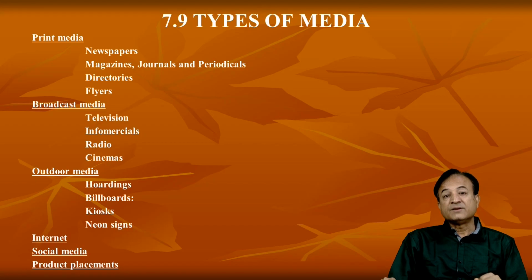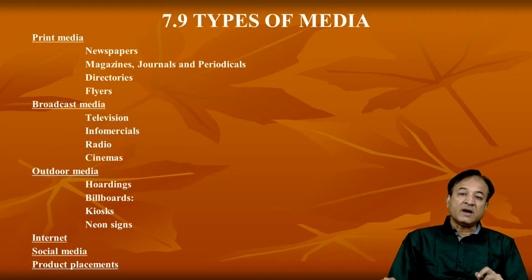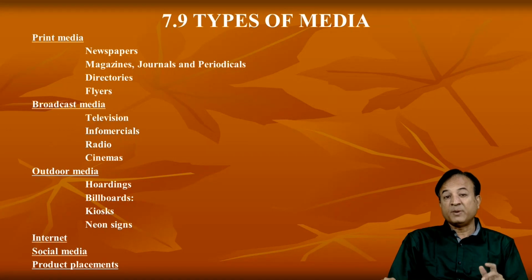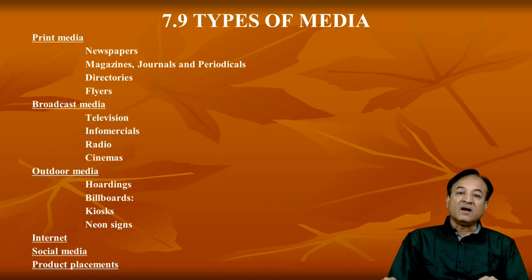Second, magazines, journals, and periodicals. Like newspapers, magazines are also a strong print medium. One of the advantages that magazines have over newspapers is that their life is longer than a newspaper, and most of the time magazines are read more carefully and in detail as compared to a newspaper.